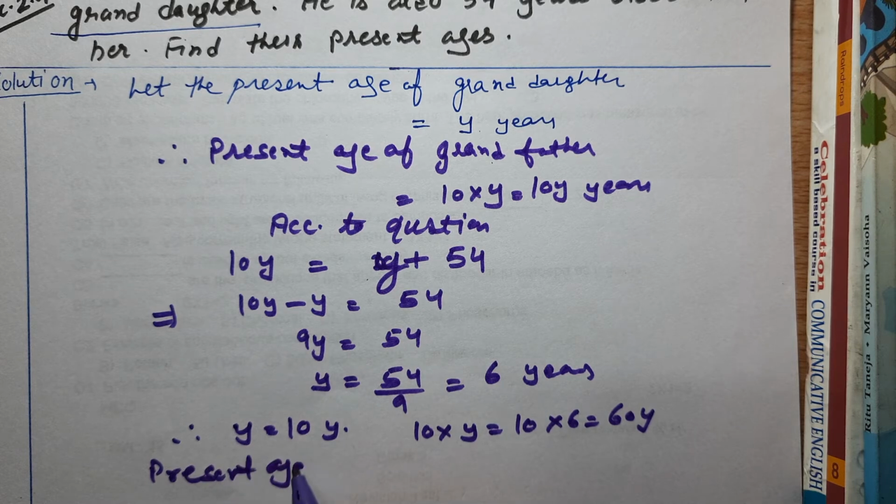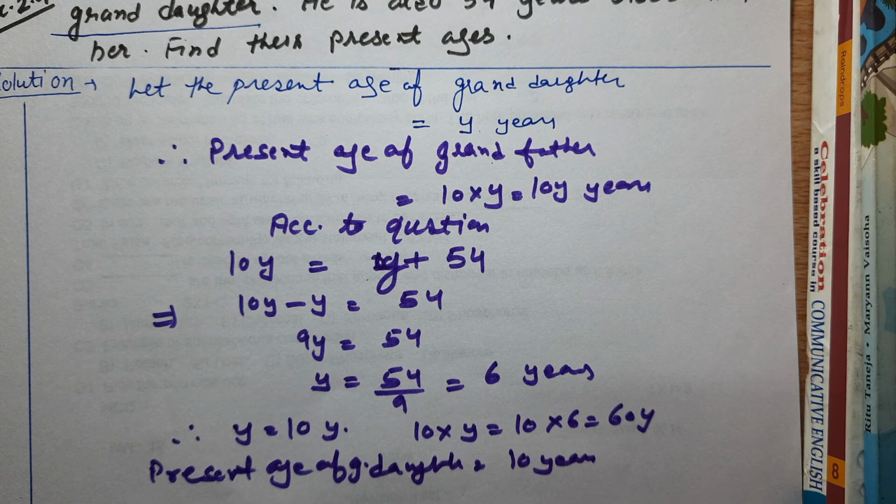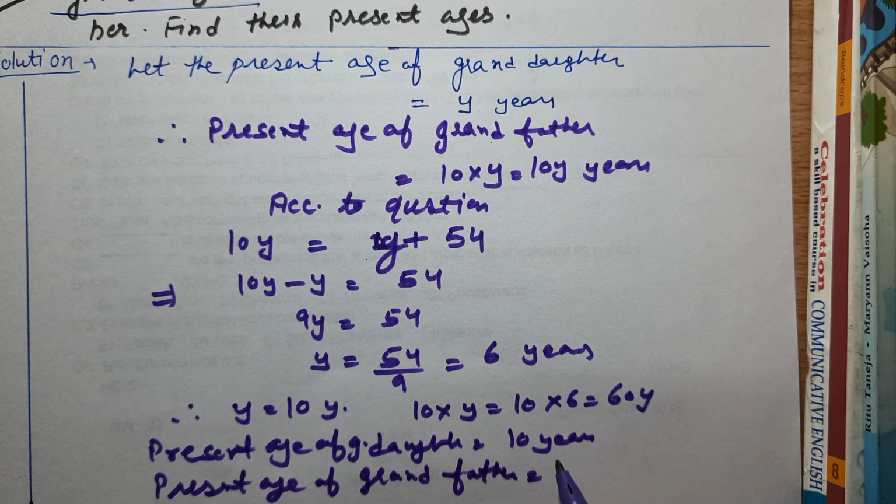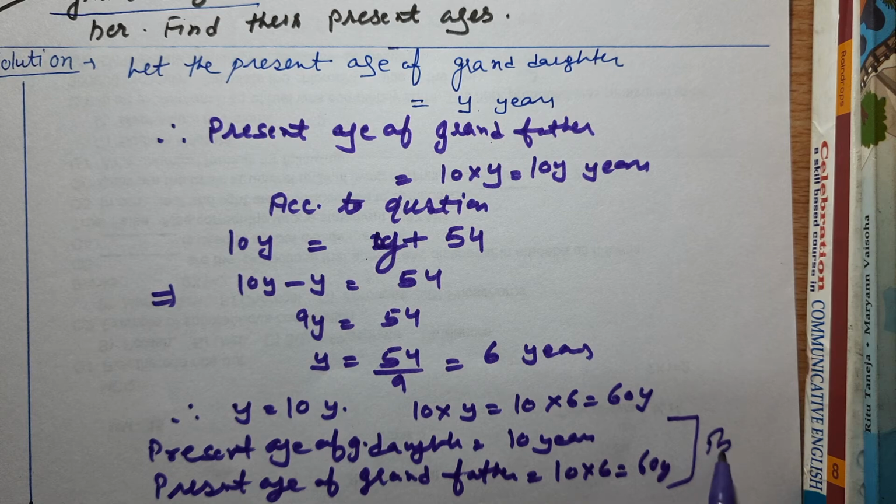Present age of granddaughter, 6 years. Present age of grandfather, 10 into 6 equals 60 years. So that will be our answer.